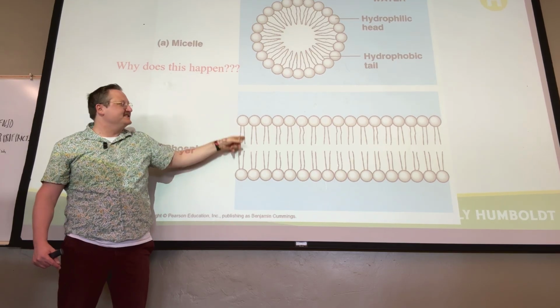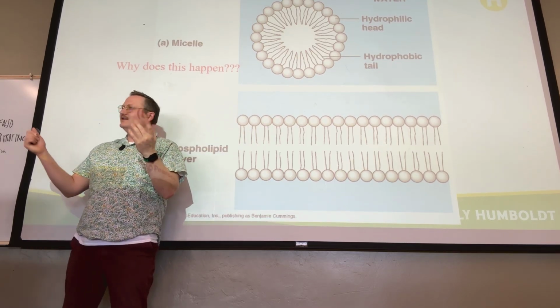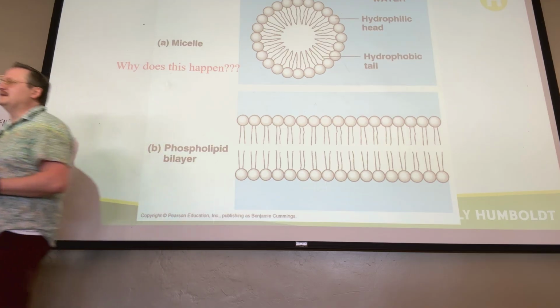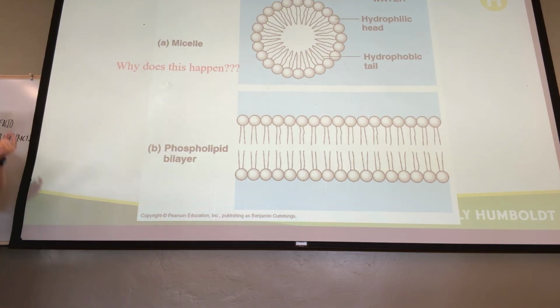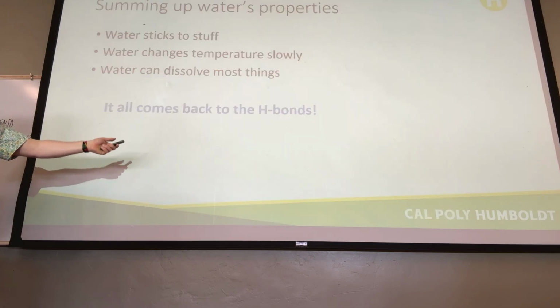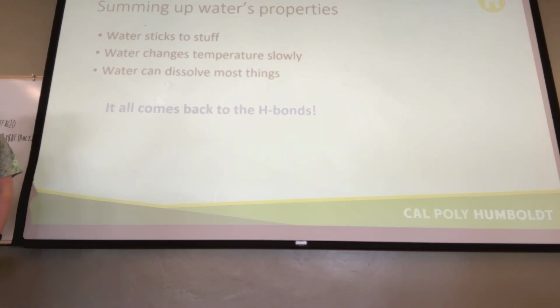It doesn't make sense that they would cross. Cool? Awesome. I know we spent a lot of time on this slide, but trust me, phospholipid bilayers, we're going to come back to them again and again and again, and hopefully the groundwork we laid today will serve you well in the future in making the more complex concepts more approachable.